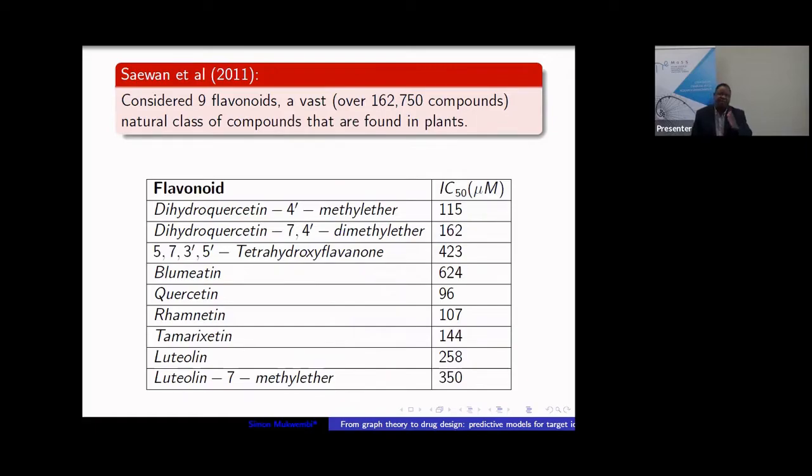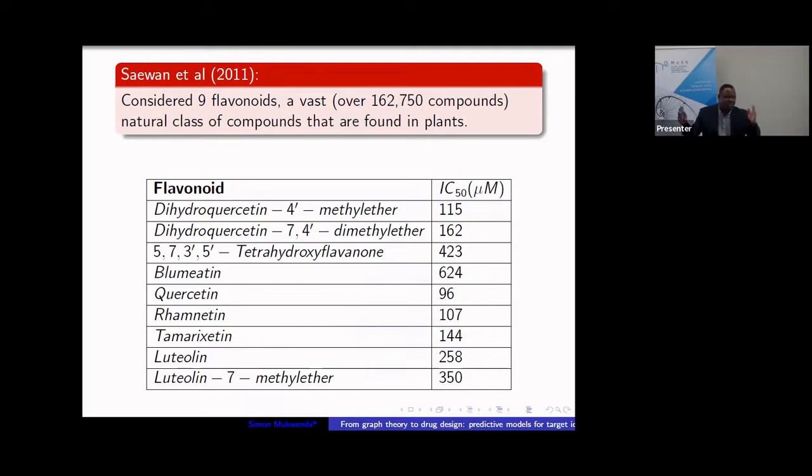That is as far as they could go. And they did test, and they got as their best compound quercetin with an IC50 value of 96. So you can see that some of the compounds are actually performing worse than quercetin. Here their best was quercetin.